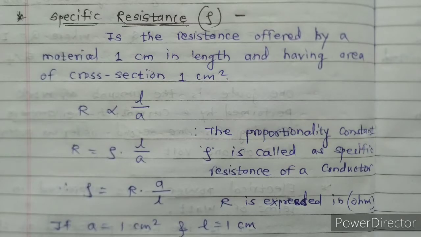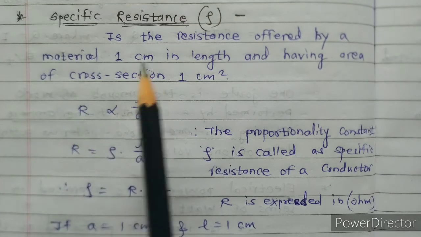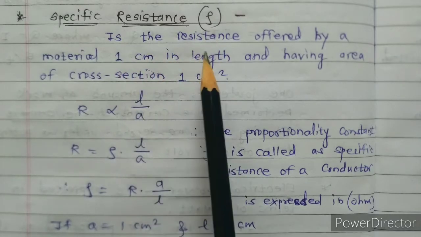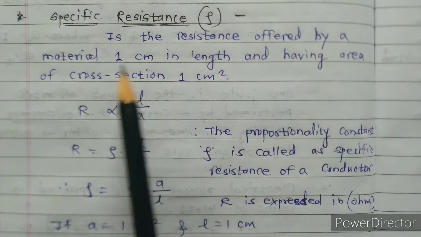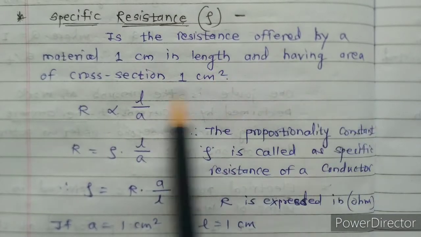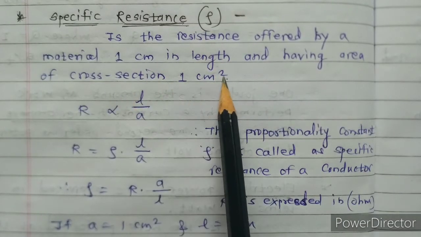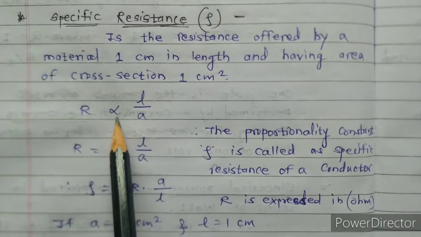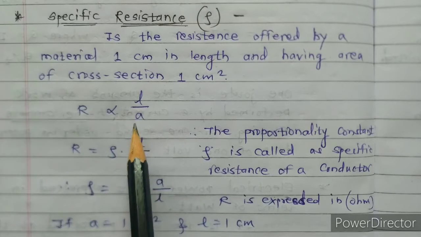To understand the concept of specific conductance or conductivity, we should know the concept of specific resistance. It is indicated by rho. It is the resistance offered by a material 1 centimeter in length and having an area of cross section of 1 centimeter square. Resistance R is directly proportional to length upon area.